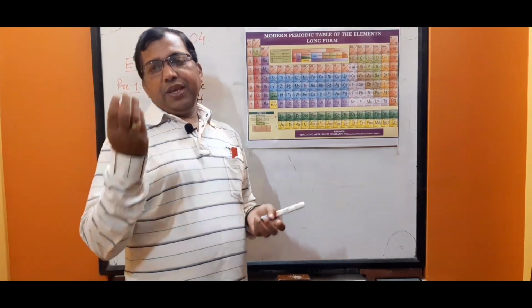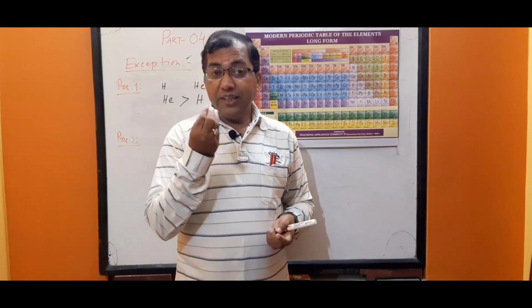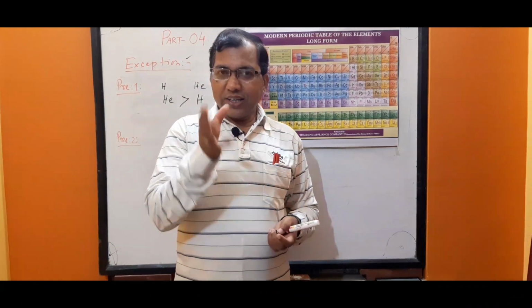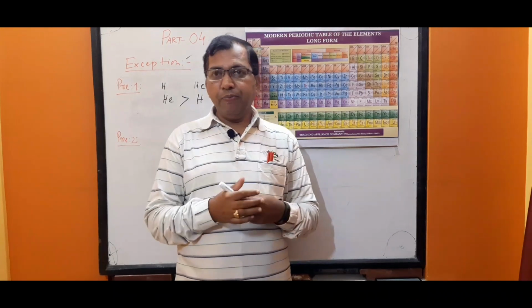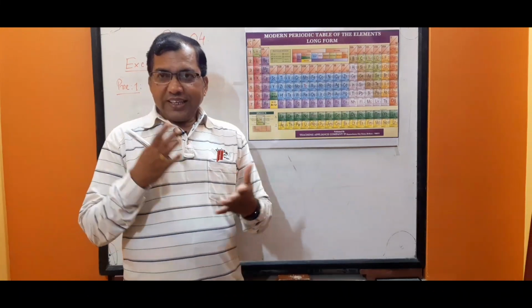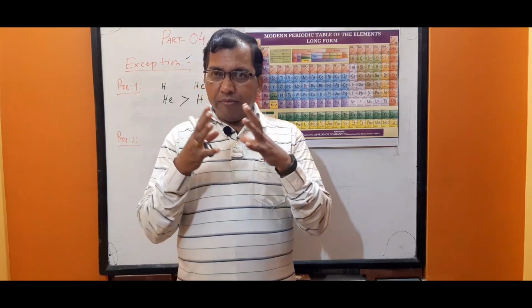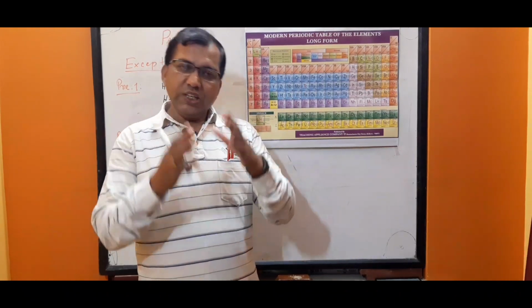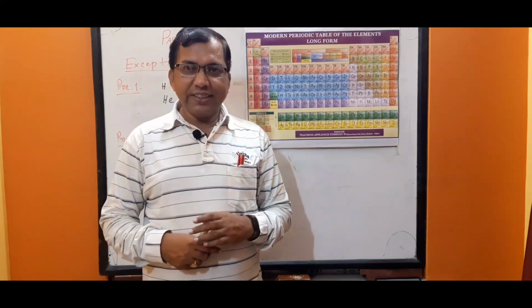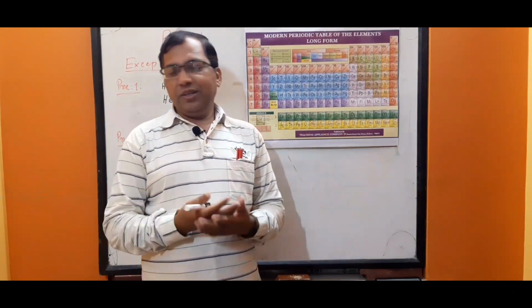Helium is a noble gas, as I told earlier. In the case of noble gases, only the van der Waals radius can be formed. There is no covalent radius and no metallic radius.